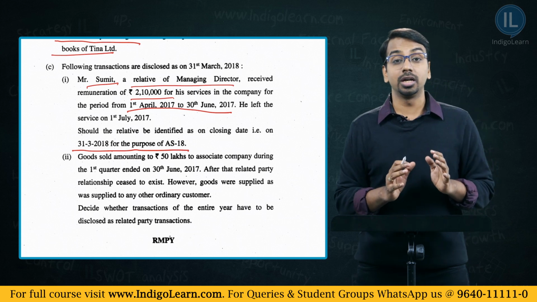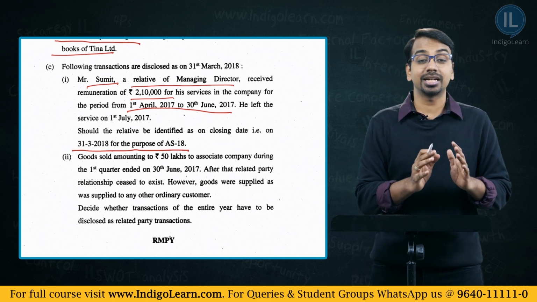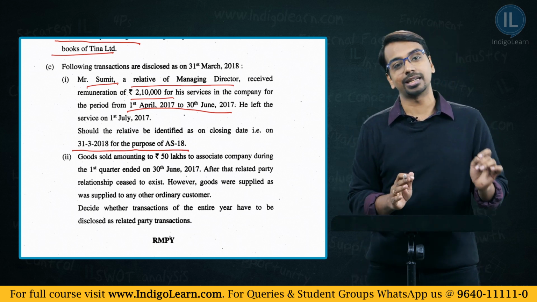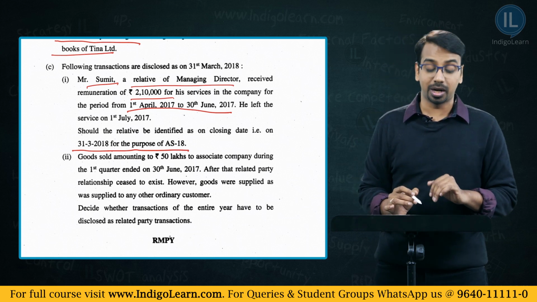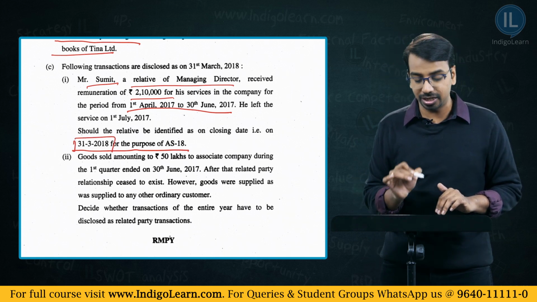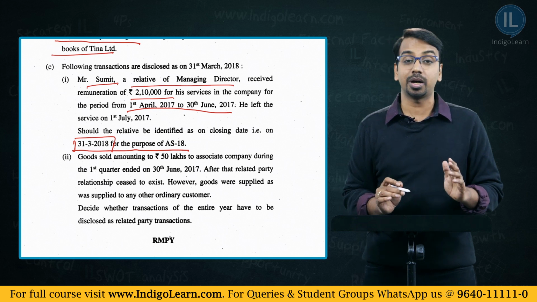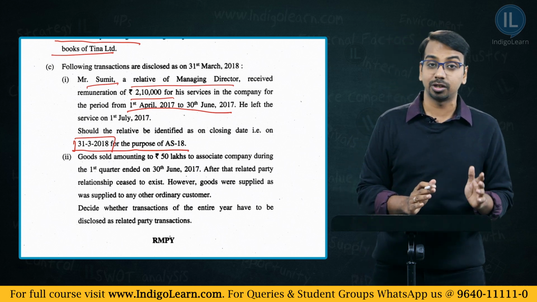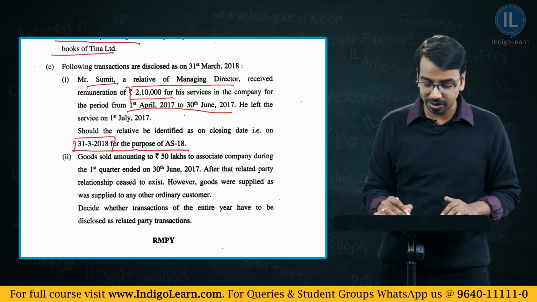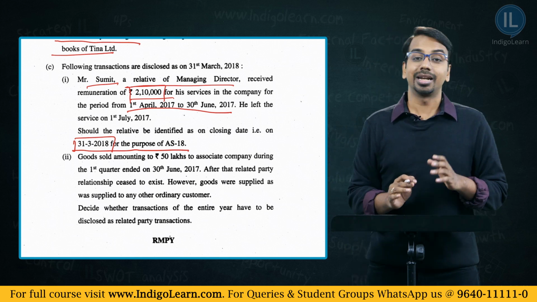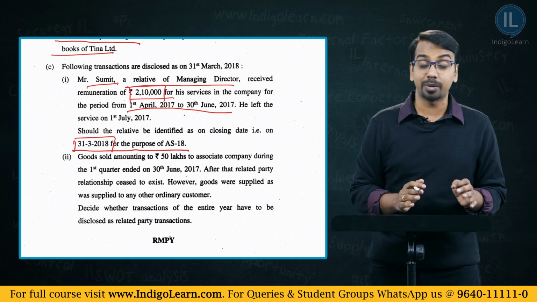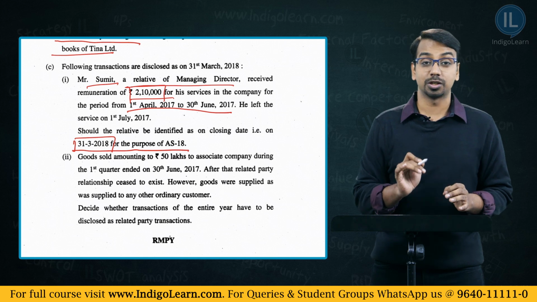The fundamental rule is, if there is any transaction with a related party during the year, it has to be disclosed. Though on 31st March this person is not a related party, during the financial year 17-18 was he a related party? Yes, he was a related party for 3 months, and in that period he received a salary of 2,10,000. So, as a relative of key managerial personnel, Mr. Sumit is a related party, and hence disclosures must be made.